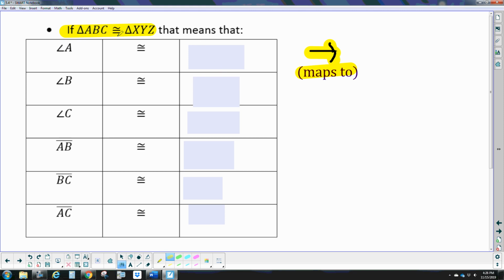So this triangle ABC is congruent to triangle XYZ. That's the congruence statement. If those two triangles are congruent, then the corresponding parts have to be congruent. That means corresponding angles and corresponding sides have to be congruent.